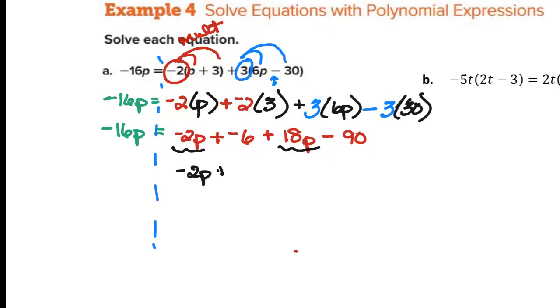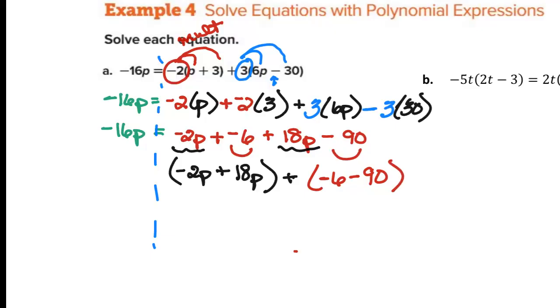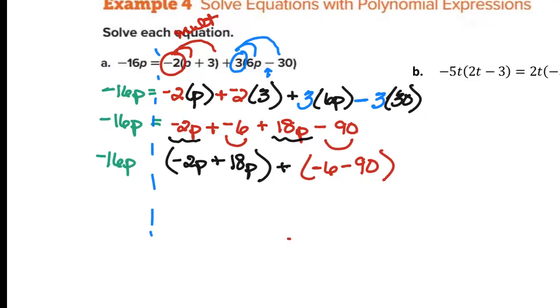Maybe you just want to do a V, or you could put them together like this. This is that horizontal version of combining like terms. Plus, now I have a negative 6 minus 90. And that's equal to negative 16 times p.